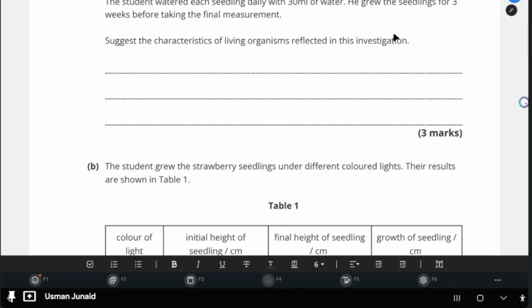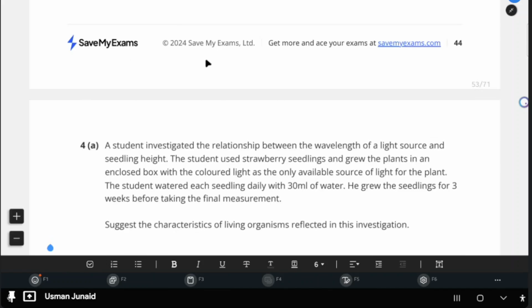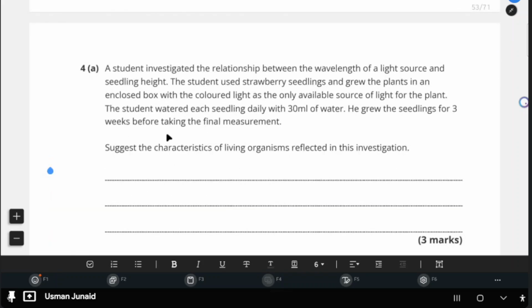Jonathan, which characteristics are we looking at? So, what characteristics are shown?